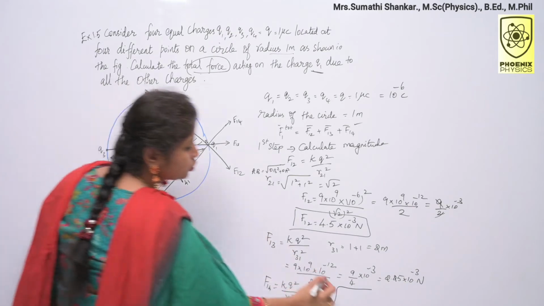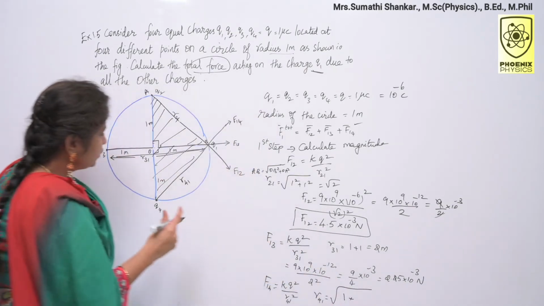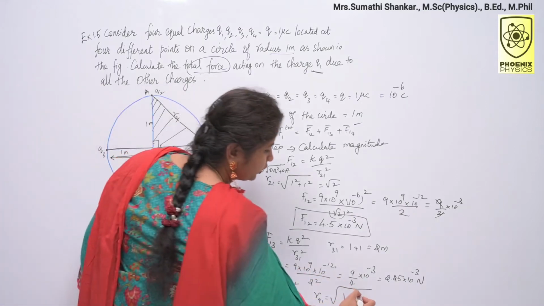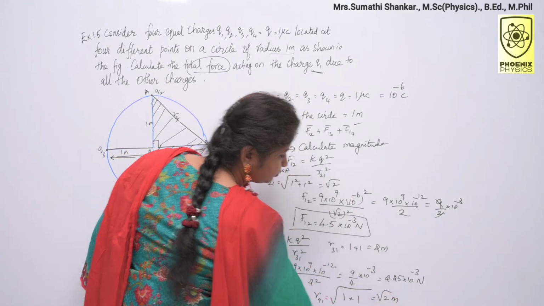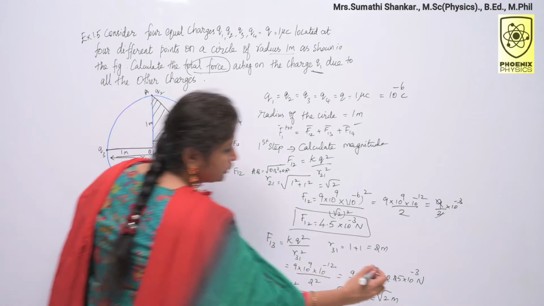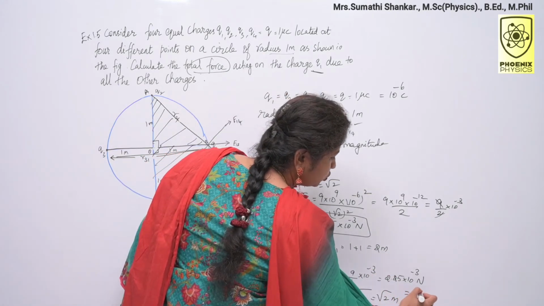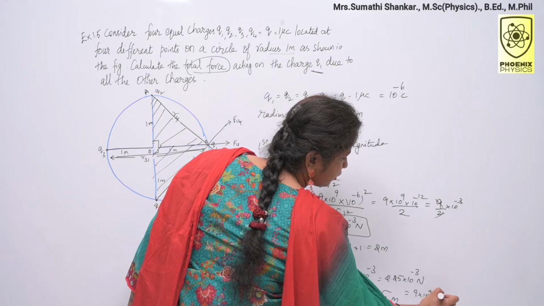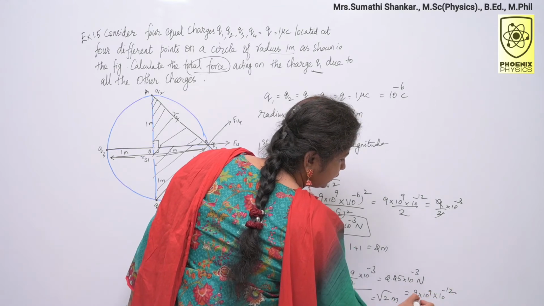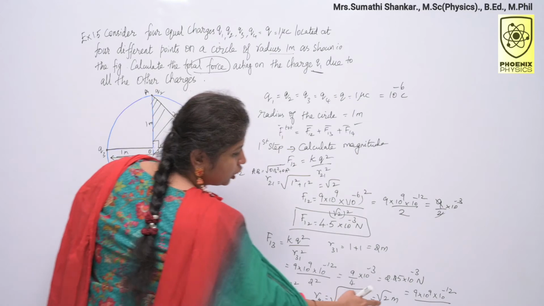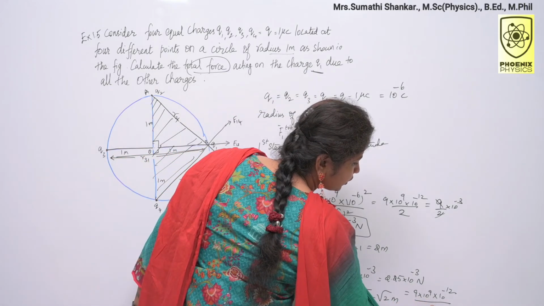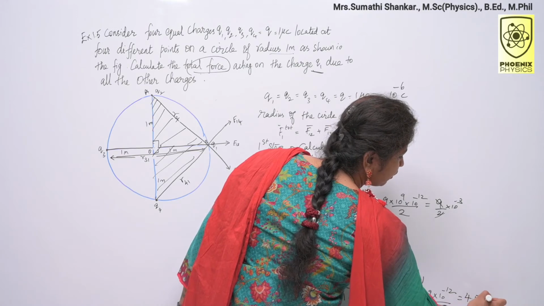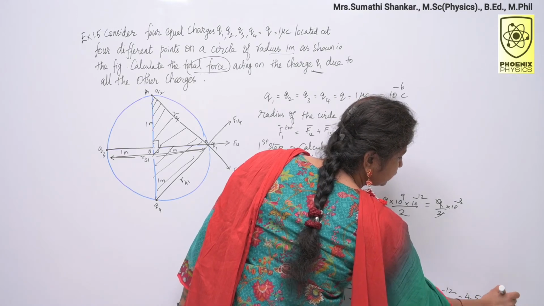OB square means 1 plus this portion. OQ4 is 1 meter, so 1 plus 1, root 2 meter. Substitute in this formula, that is 9 into 10 to the power of 9, then 10 to the power of minus 12 divided by root 2 the whole square, which means 2. That is 4.5 into 10 to the power of minus 3 Newton.